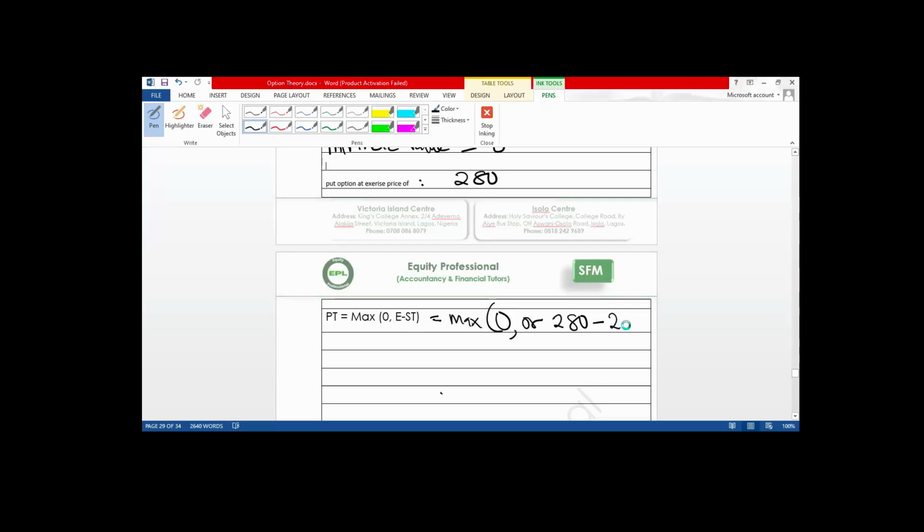The share price is 287. Choice between 0 or negative 7. Intrinsic value here is 0.